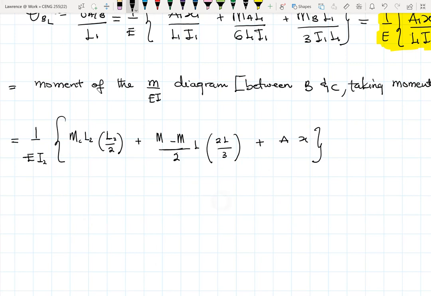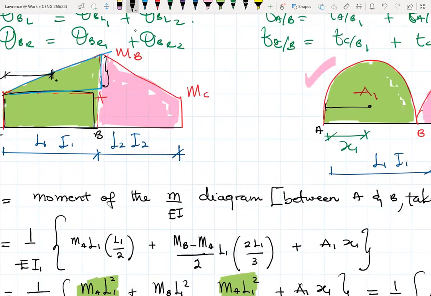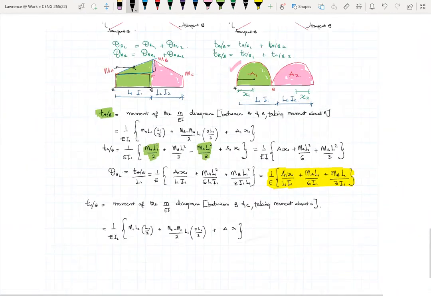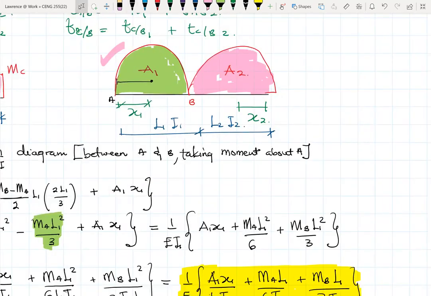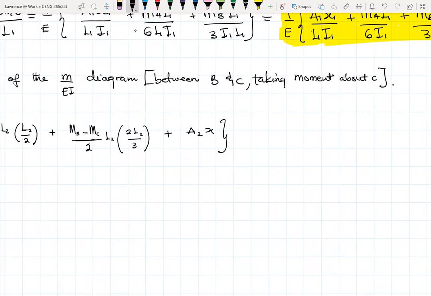Then the height of the triangle on the right will be MB minus MC times L2 again. Since we are finding moment about C, it becomes 2/3 of L2. Then on the right side also we have A2 X2.